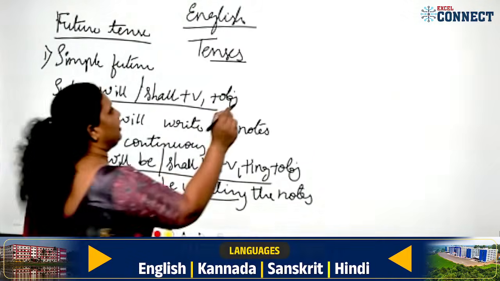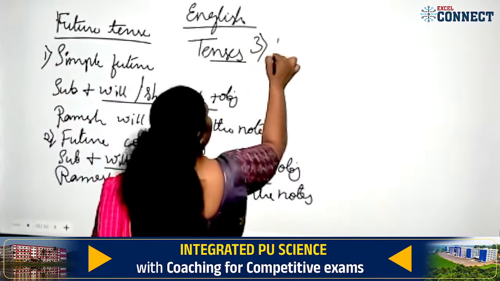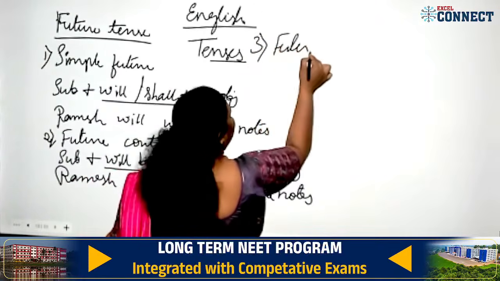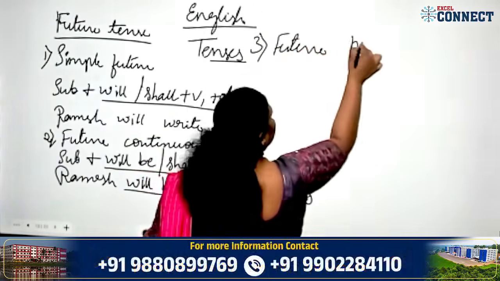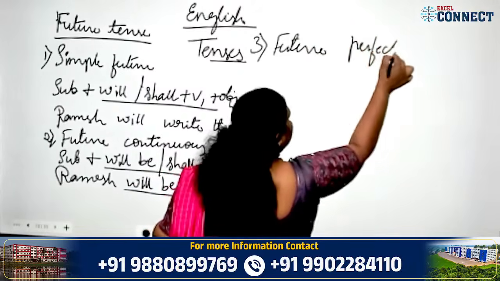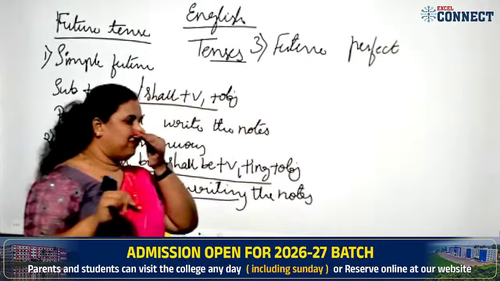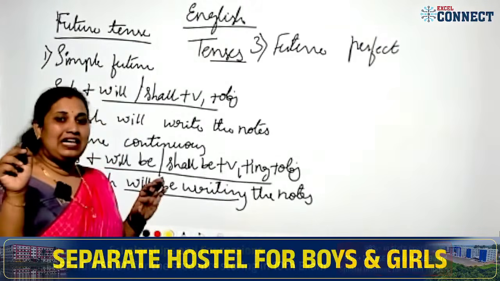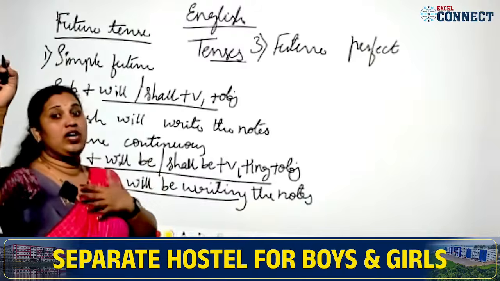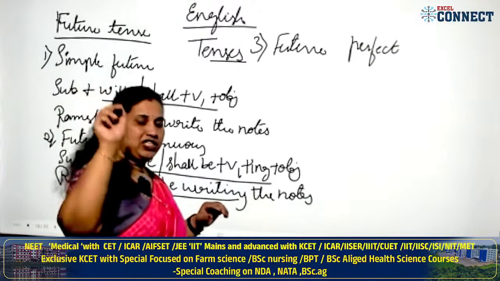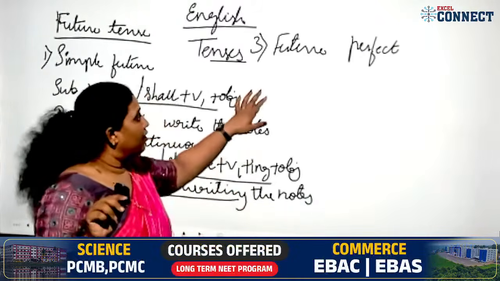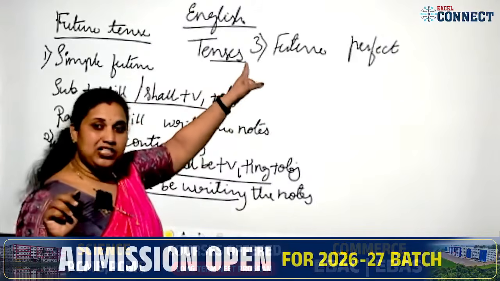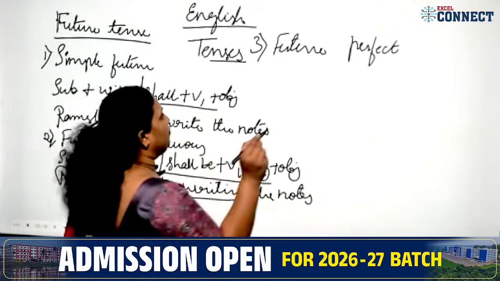And the third one is, as we know, future perfect tense. So future perfect, the action will start in the future and perfectly the action will complete, that we know. Okay, the action will start in the future and perfectly the action will complete in the future.